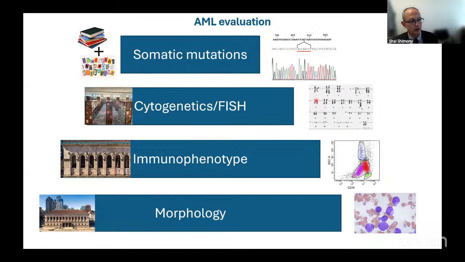As you remember, these are the chromosomes, and changes in chromosomes can also relate to a subdivision of AML. And finally, we sequence all our patients and we find out what are the mutations, what happened in the books, and which letters are inaccurate or incorrect that cause these mutations.